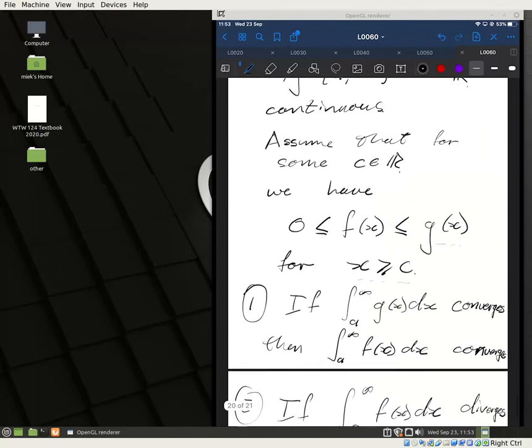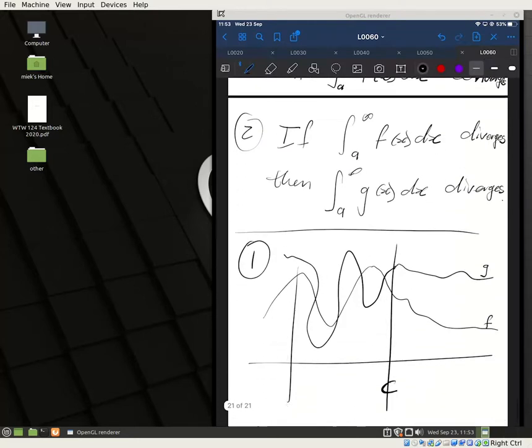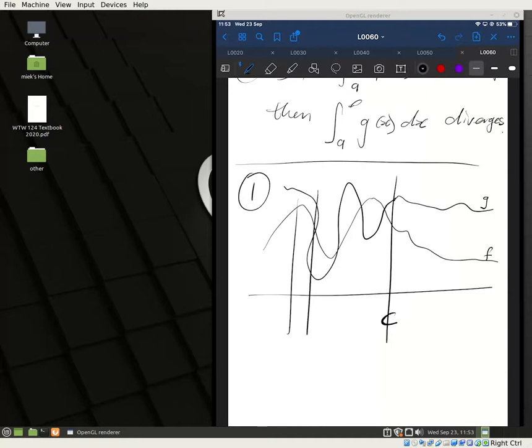This is what this condition says: for all x bigger than c, we have that 0 is less than or equal to f of x, which is less than or equal to g of x. From the point a, the functions can do anything, but from some point c onwards, our functions are in this relationship, that the values of f are less than or equal to the values of g, and everything is greater or equal to 0.